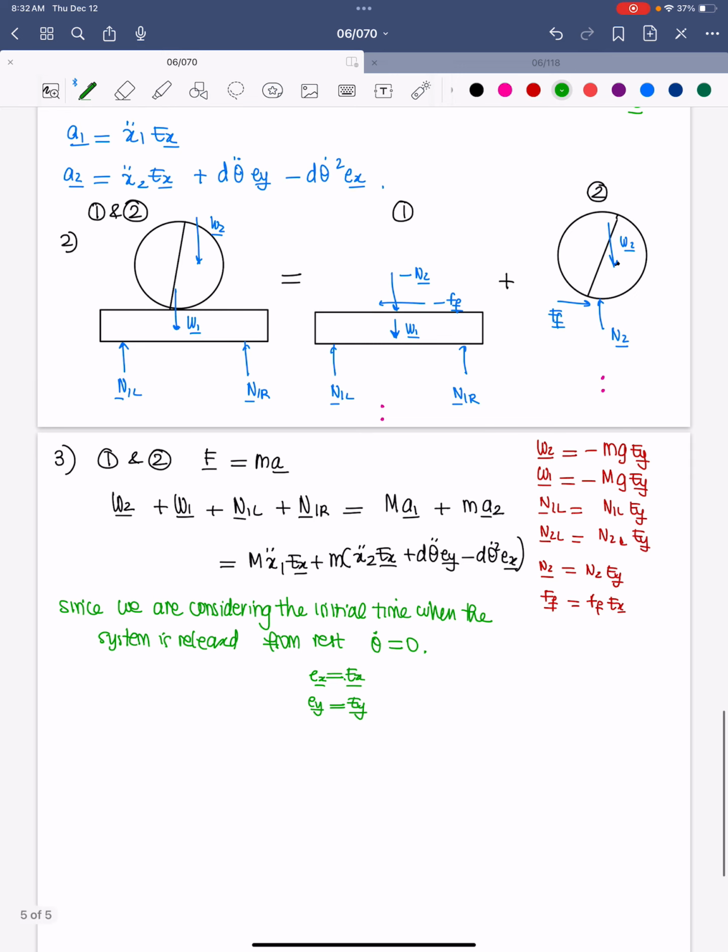So then in this equation, this term cancels out.